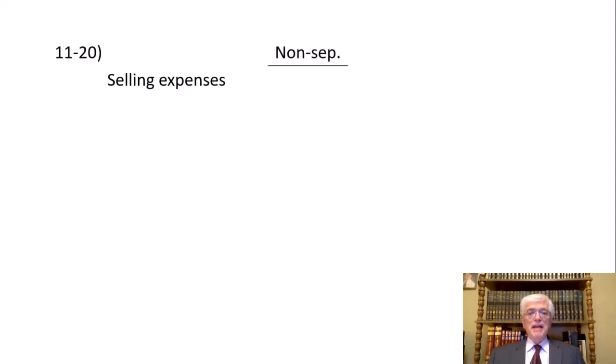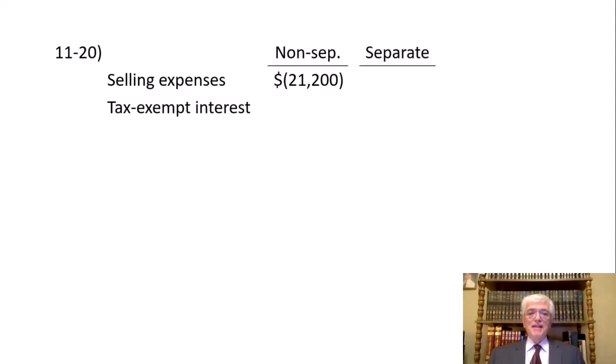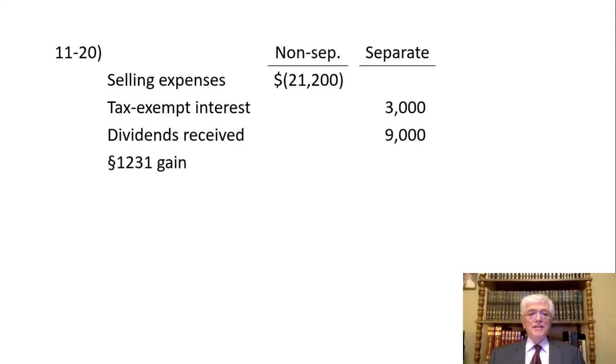Well, that is going to be non-separately stated, and the amount is $21,200. It's an expense, so we'll put it in brackets. Tax-exempt interest, that's going to have to be separately stated, and the amount for the tax-exempt interest is $3,000. That, by the way, is the corporate amount, not per shareholder. Dividends received, that's also separately stated at $9,000.